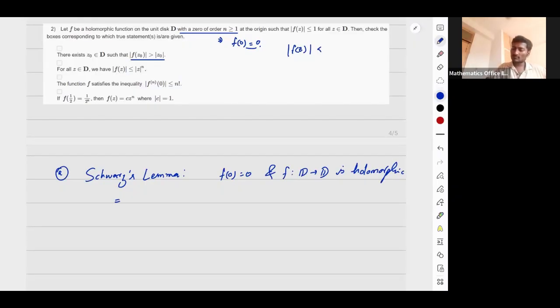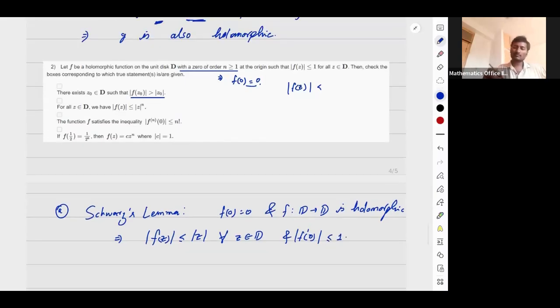These two conditions together imply modulus of f of z is less than or equal to mod of z for every z in D, and modulus of f prime 0 is less than or equal to 1. Now this is the incorrect statement, right? This is true for every z in D, that modulus of f is bounded by modulus of z. So we are using Schwarz lemma and we are done.